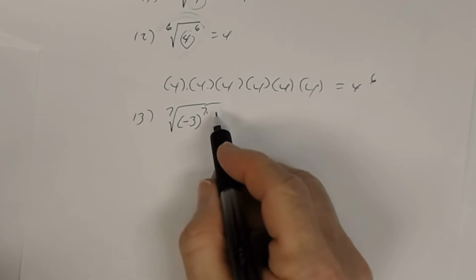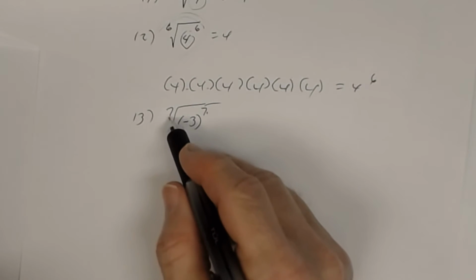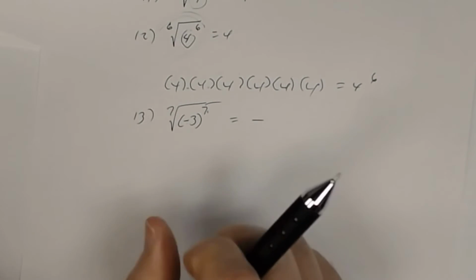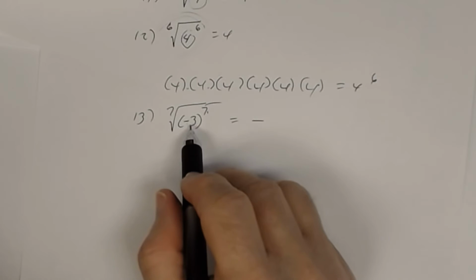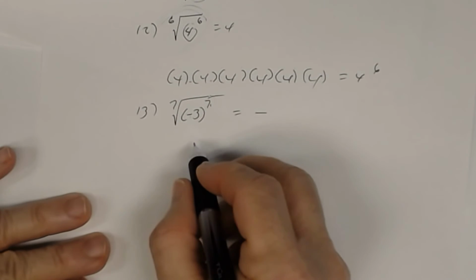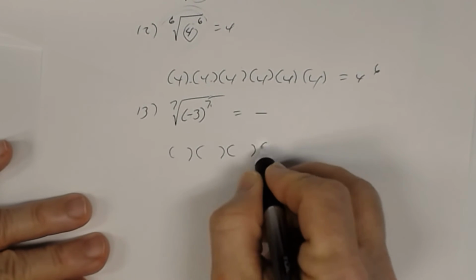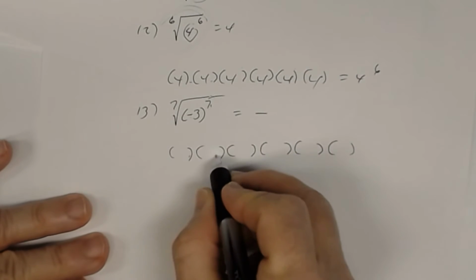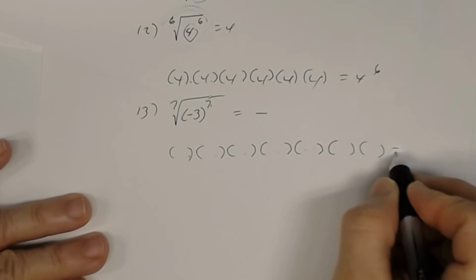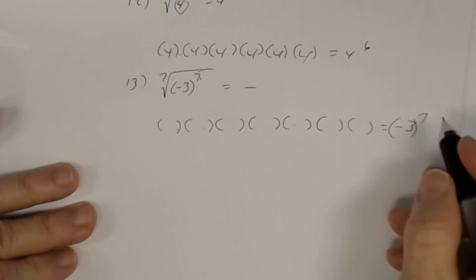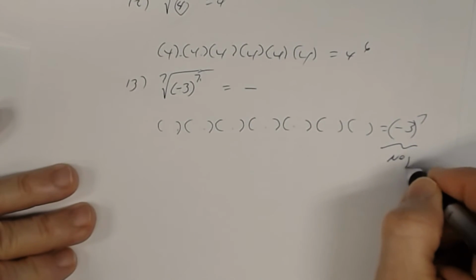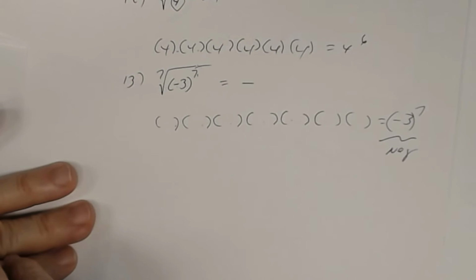And so you're taking the odd root of a negative number, which you know will be negative. So this right here means what times itself 7 times is negative 3 to the 7th, which you know is negative. Because a negative number raised to an odd power is negative.